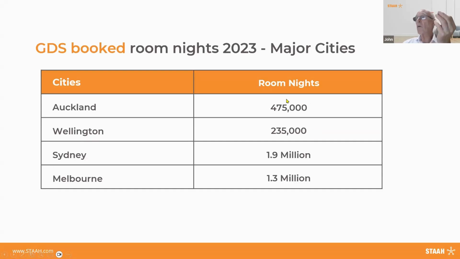And evidently, all of these 4 cities here are in many ways smaller than some of the cities that my audience here reside in their countries. Sydney had 1.9 million room nights booked via the GDS in 2023, and Melbourne had 1.3 million.